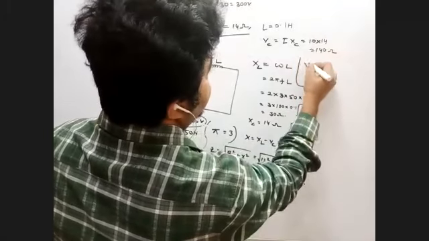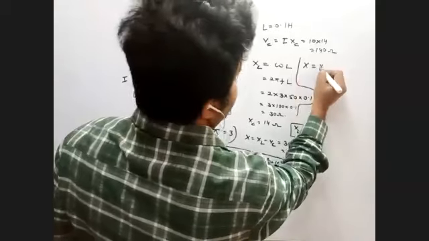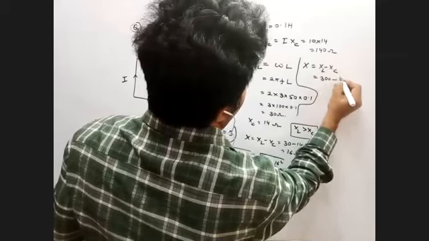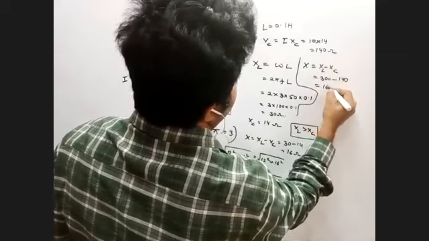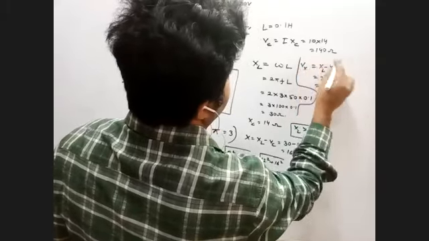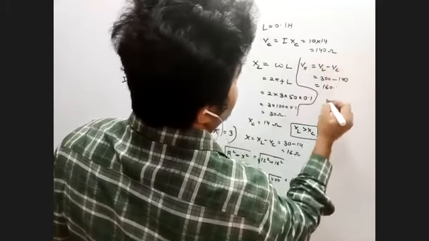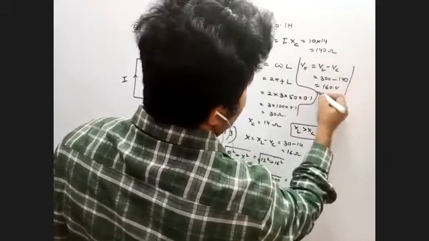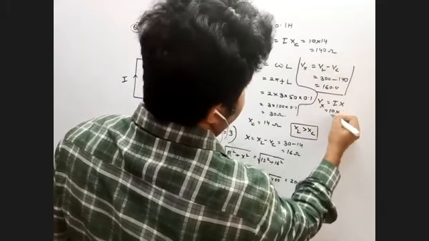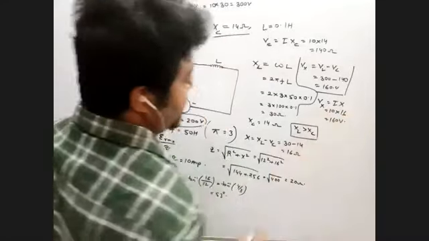If you want to calculate Vx, that is VL minus VC, 300 minus 140, that is 160 volt, or you can write I into X, 10 into 16, you get the same value, 160 volt.